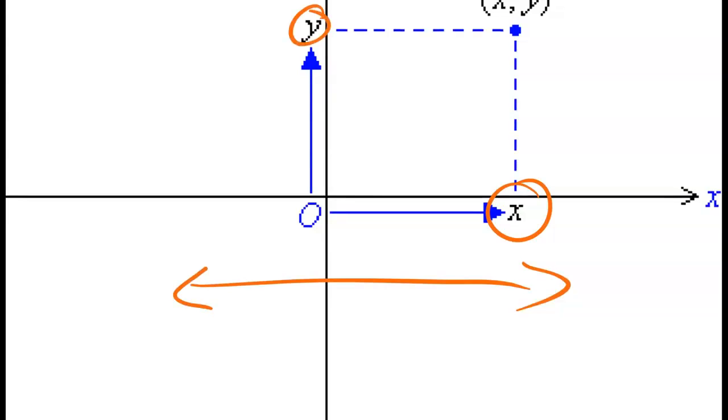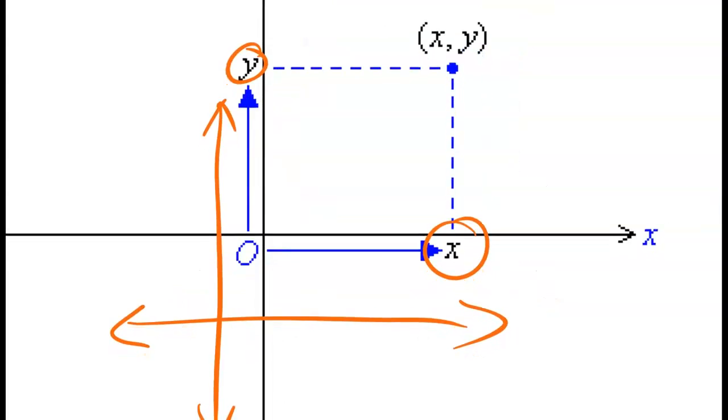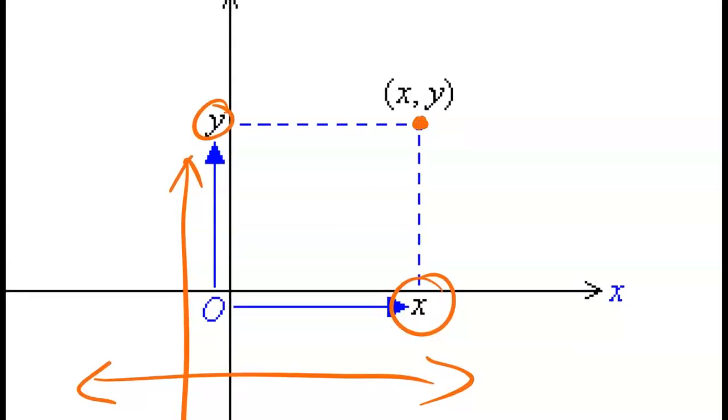If you're looking at y, you're looking at what's running up and down. So if we were to look at this point right here, we'd first start off with our x moving to the right and our y moving upwards. This will make more sense in the example on the next page.